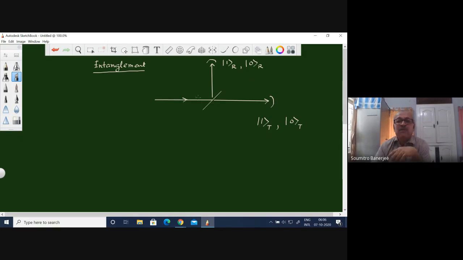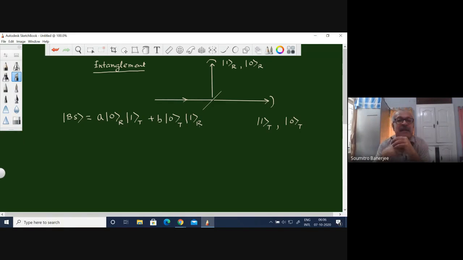And therefore, the state that comes out after the beam splitter should be written as some coefficient A times 0 reflected, 1 transmitted, and another amplitude B times 0 transmitted, 1 reflected.